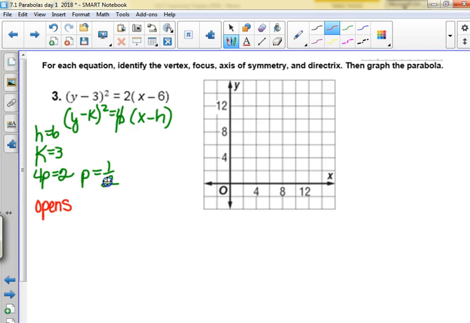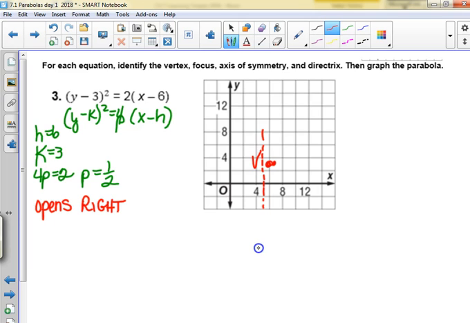The p is positive, so it opens which way? Opens to the right. So conceptually, if I go over 6 and up 3, and I put the vertex, it's going to open to the right, and p is only half a unit away, inside there, and back here.